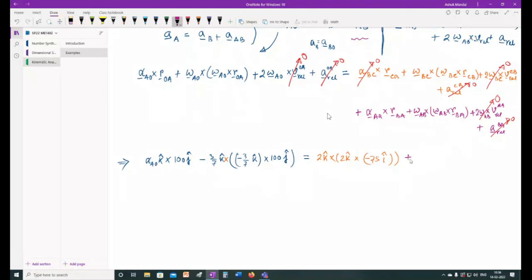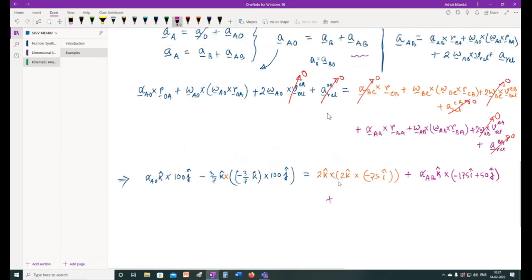So now tell me what is alpha AB? Is it 0, or known to us, or not known to us? Not known to us. So let us take it as unknown. What is RBA? Minus 125i plus 50j. What about the next terms? Omega AB. What is omega AB?